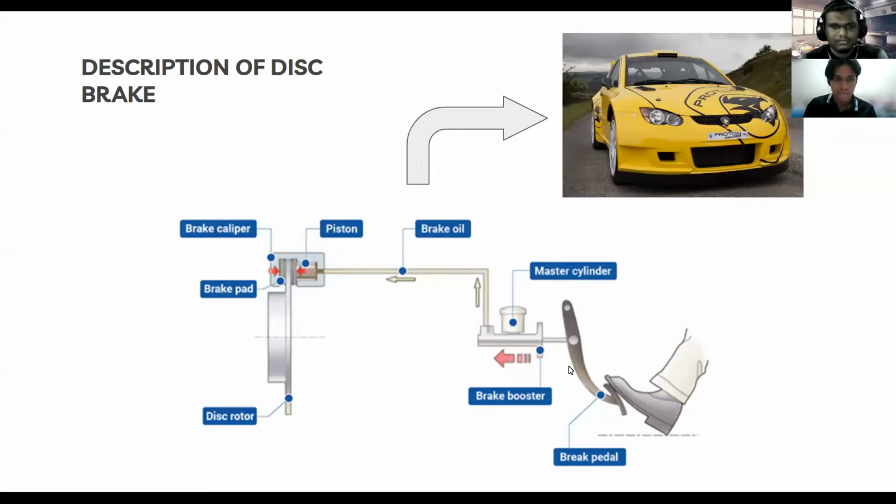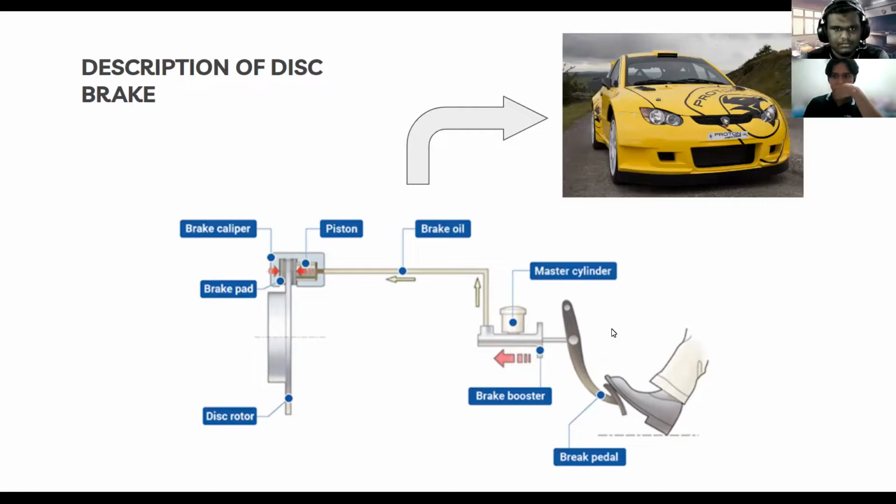The brake pads, which are made of friction material, are pressed against the brake rotor, which rotates the wheel, by the piston. The pads clamp down on the rotor on both sides, causing the wheel to decelerate and the vehicle to slow down and stop. So that's all for the description of the disc brake.